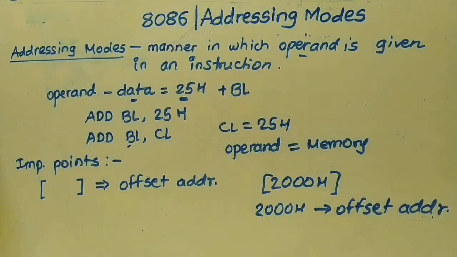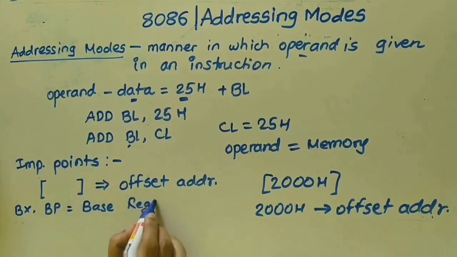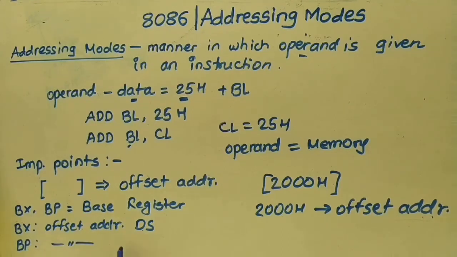Then BX and BP, these two registers are considered as base registers. BX specifies the offset address for DS, and BP specifies the offset address for the stack segment SS.